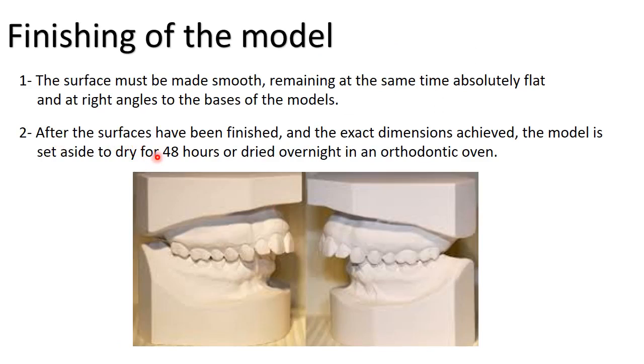First, the surface must be smooth and at the same time absolutely flat, at right angles to the base of the models. Second, after the surface has been finished and the exact dimensions achieved, the model is set aside to dry for 48 hours, or dried overnight in our orthodontic oven at a low temperature.